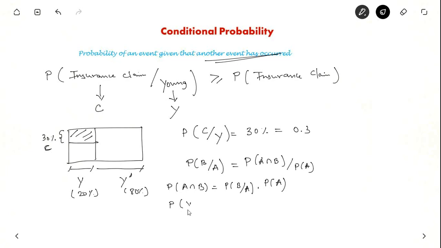The probability of Y intersection C equals the probability of C given that Y has happened, into the probability of Y.